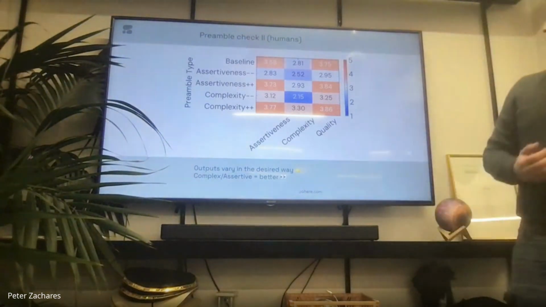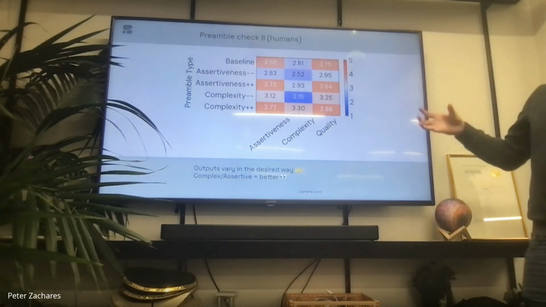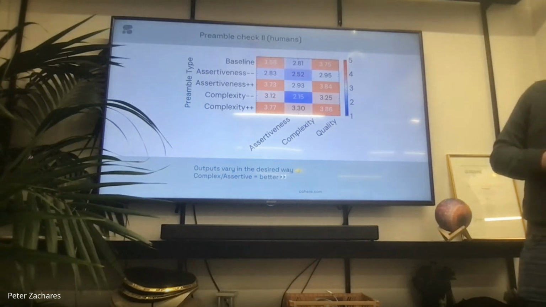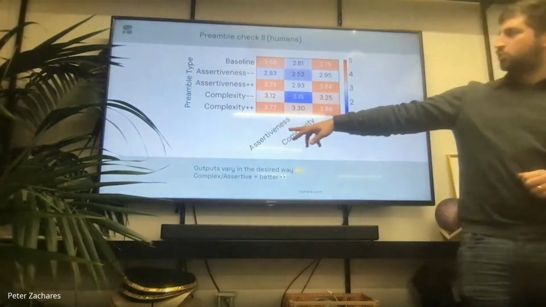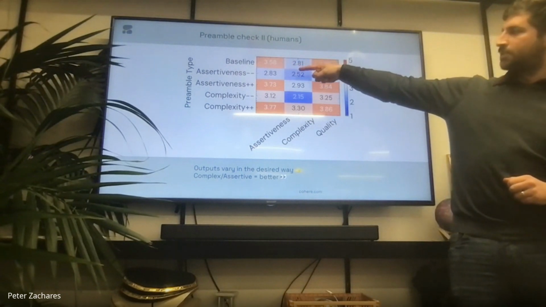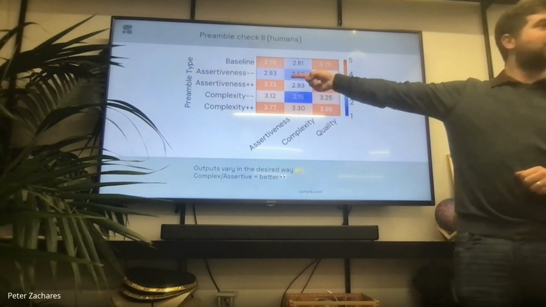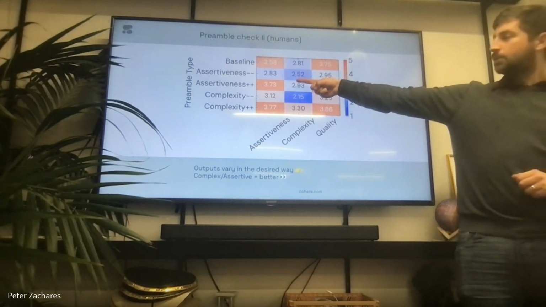Right. This is the main takeaway, in that the outputs varied in the way we expected them to. If you look at a measure of assertiveness, the assertiveness minus completions are a lot less assertive, and the assertiveness plus completions are a lot more assertive.